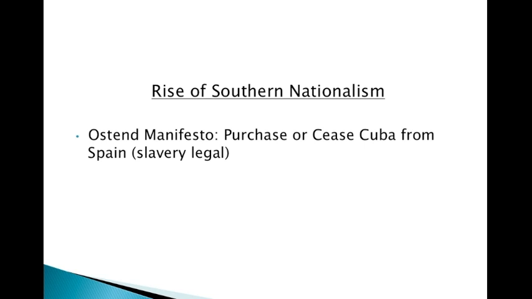Ultimately, this tension between the North and South led to the rise of Southern nationalism. Southern states wanted to build a slave empire.